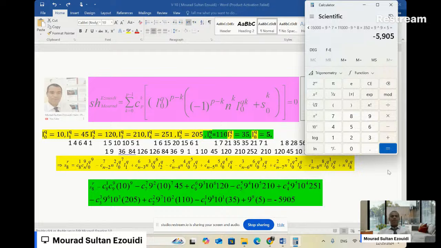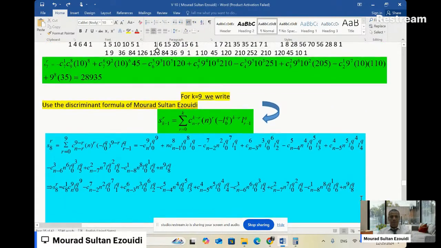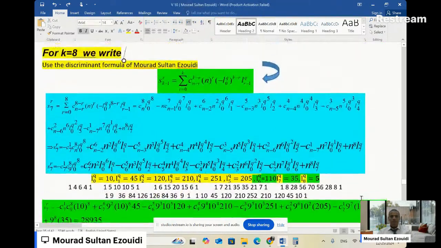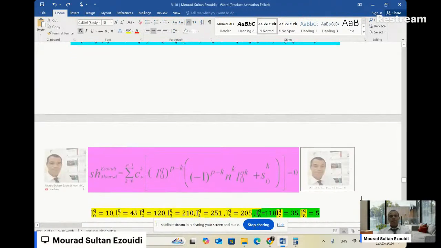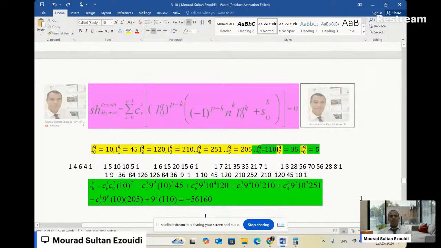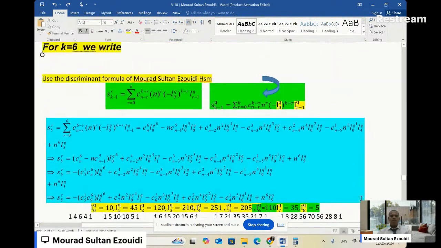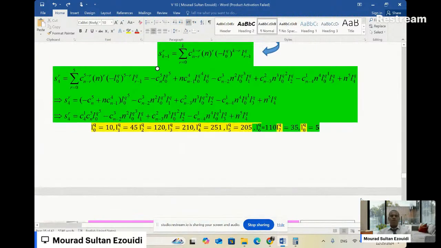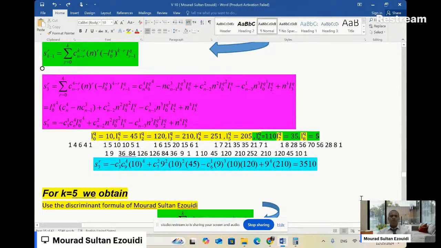Okay, now we will come back, because 330 is the value of what? 330 comes here. We found 330 as S2, I think, or S3. Okay, S3 is 3,000.